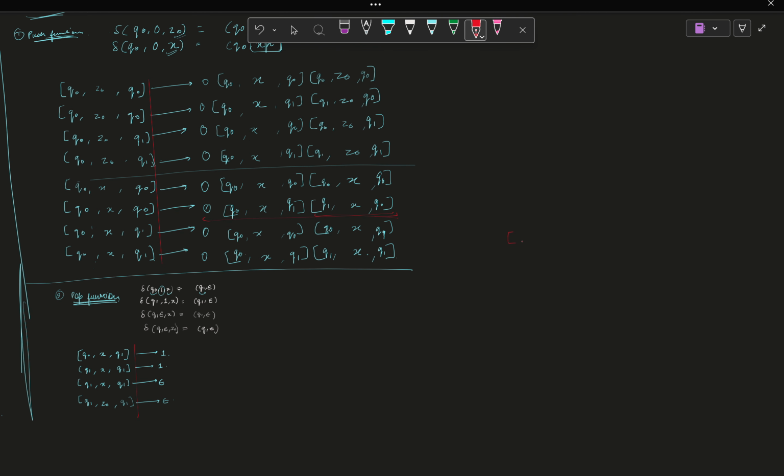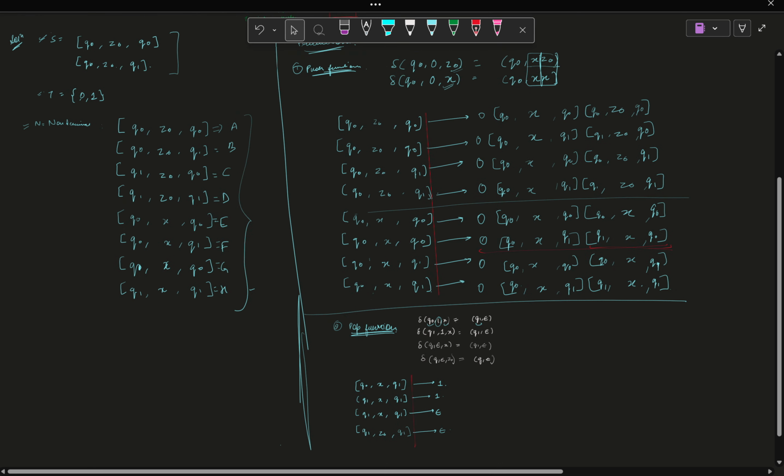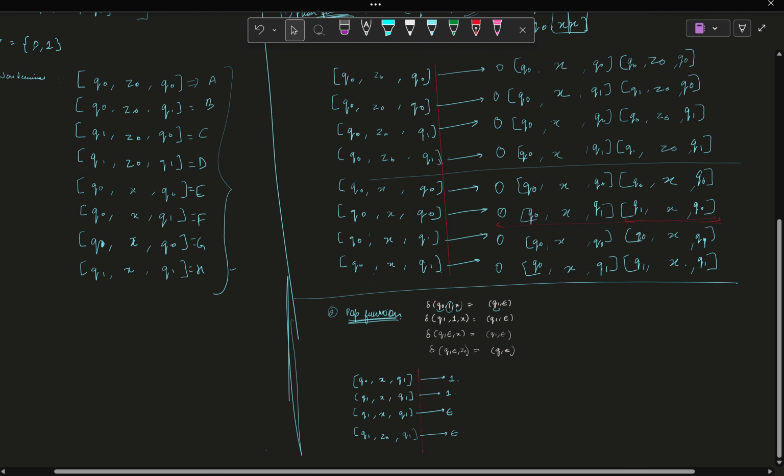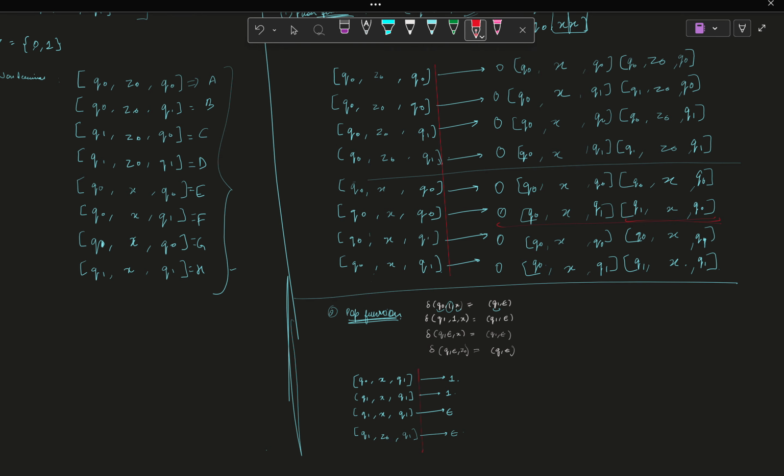So first let's start by defining which are our non-essential rules. Let's refer to these in order to figure out which ones are essential. So Q naught X Q1 leads to 1.